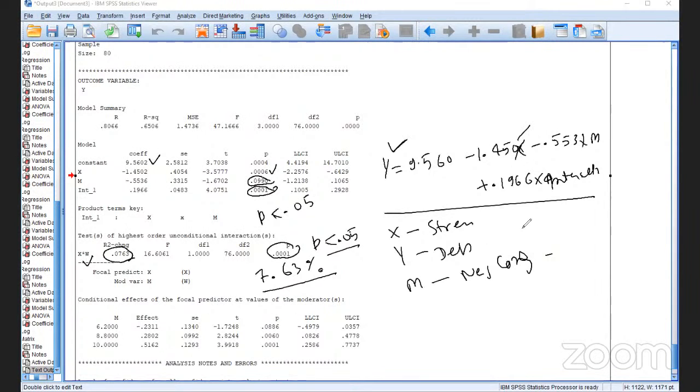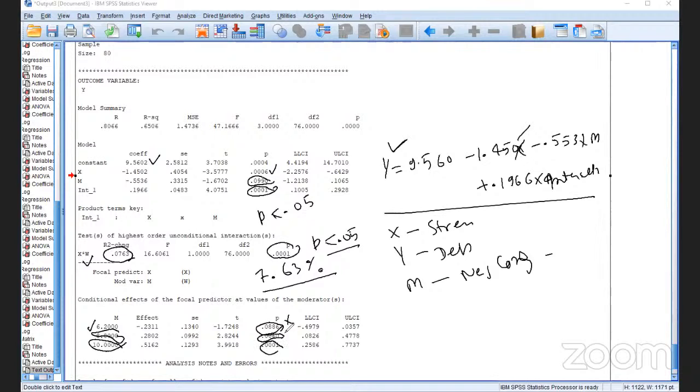There are three conditions. When the value of the moderator variable is 6.2, it is not significant. When the value increases to 8, it is not significant. And for the higher value, it is significant.